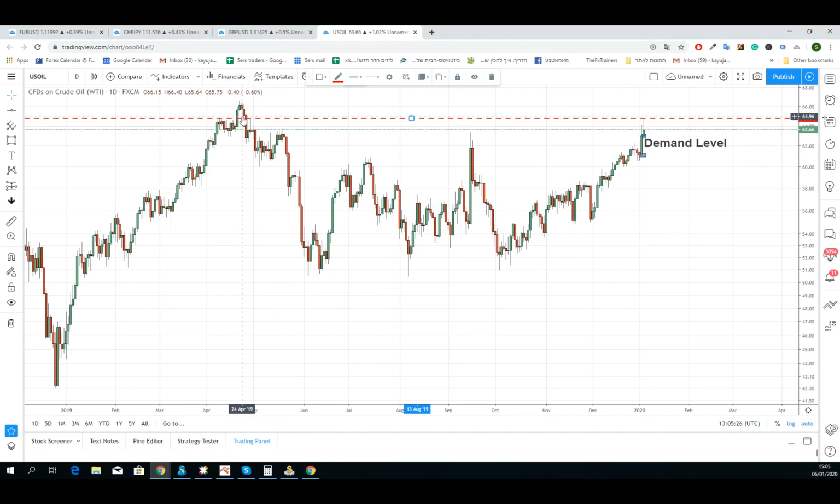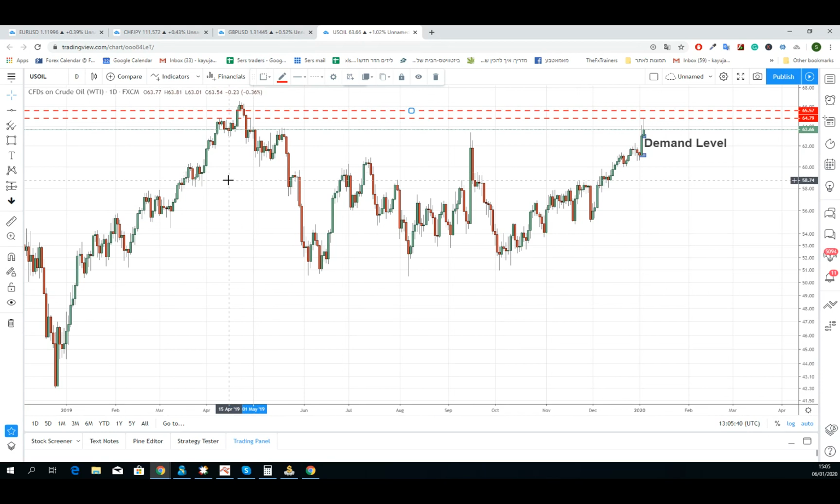We cannot see exactly what it is, but it looks like a fresh supply. I believe the price will tend to reach a bit higher, to the top of this level here. That will be the first target for the buy position we saw earlier on the 15-minute chart.